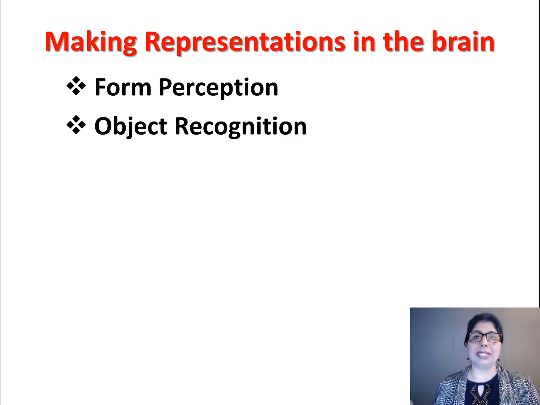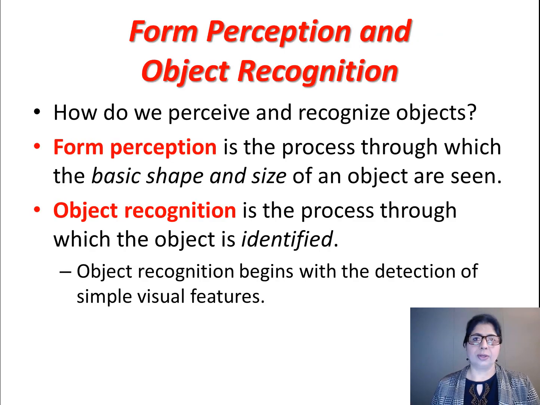So let's talk about these two higher level processes in the brain that allow us to perceive things and recognize them as familiar objects. Just to be clear, the first step is form perception. Form perception is a process through which the basic shape and size of an object are seen. So we take features and integrate them into some shape or some form, which can then be recognized, perhaps as a familiar object.